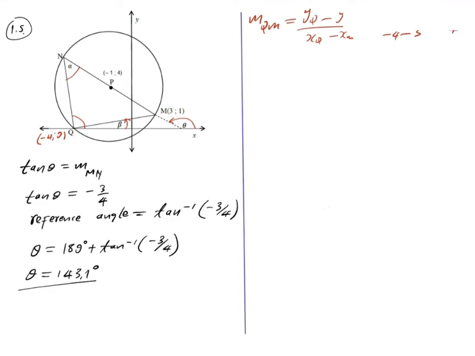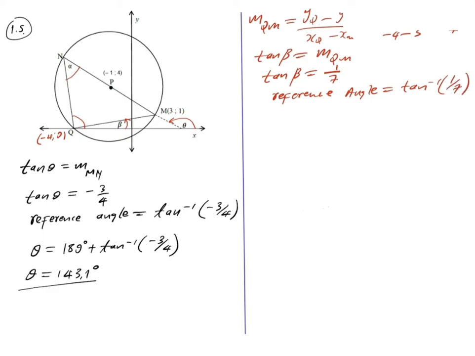Okay, so now we calculate beta. So tan of beta is equal to MQM, which is the same as 1 over 7. Now, the reference angle, we say shift tan 1 over 7.